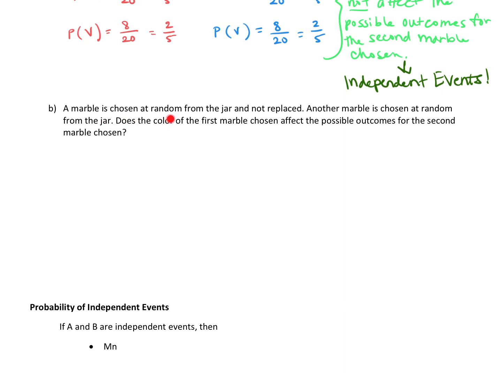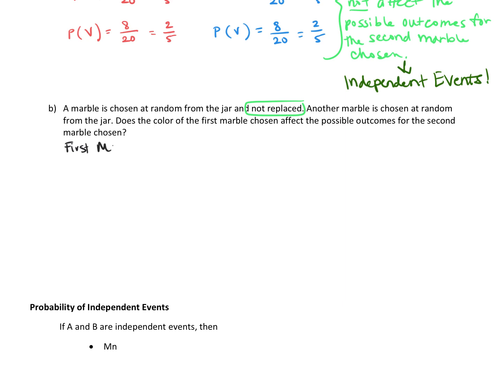So a marble is chosen at random from a jar and, uh-oh, not replaced. Another marble is chosen at random from the jar. Does the color of the first marble chosen affect the possible outcomes for the second marble chosen? Well, let's see. Why don't we just run through this again?